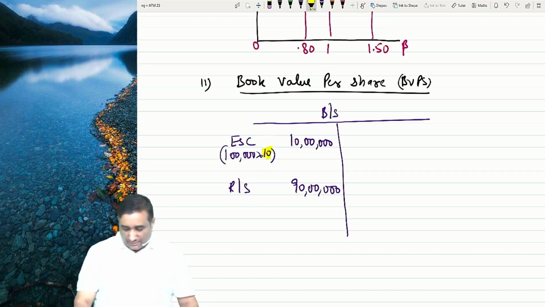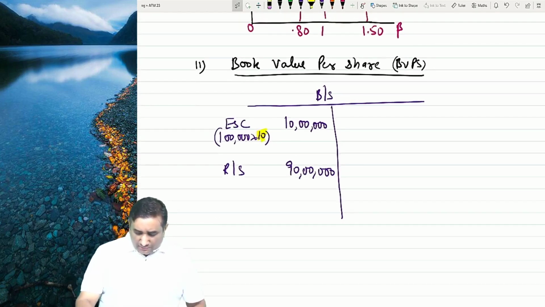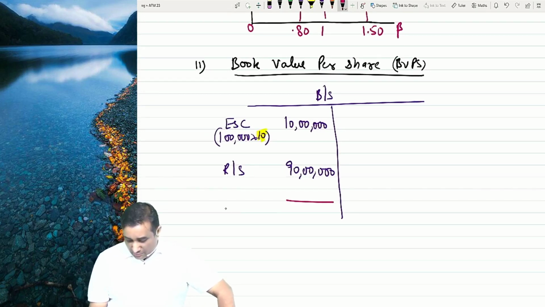Now let's come back. Remember that word. The objective was to explain something. Now the total is known as equity shareholders' fund. This is what we call book value. How much does it become? 1 crore.